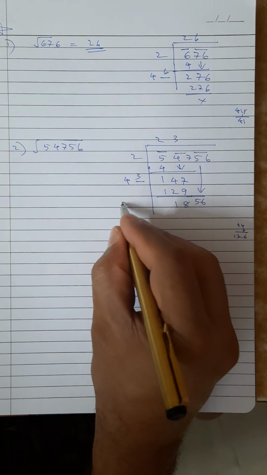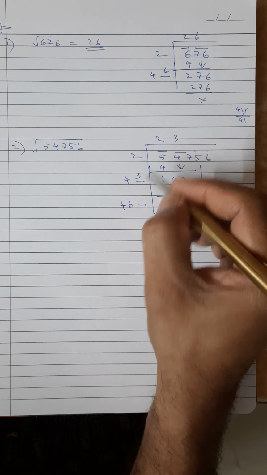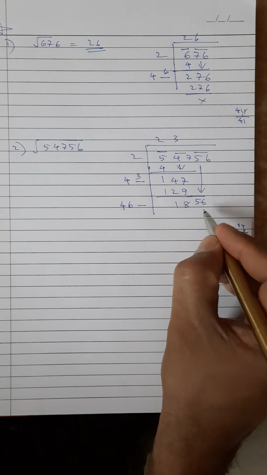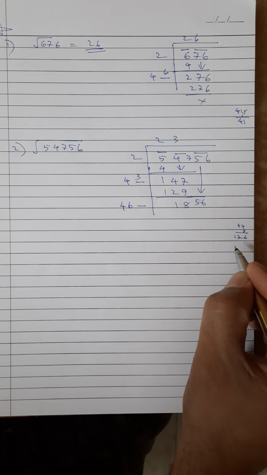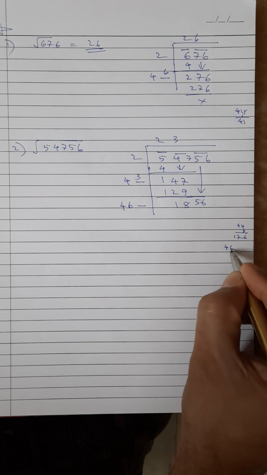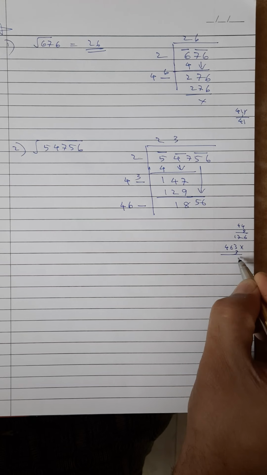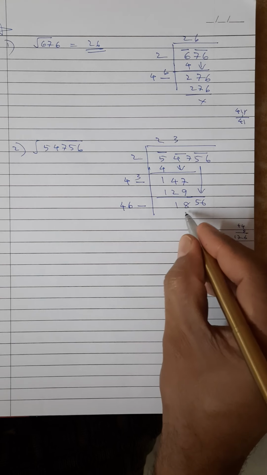Double of 23, 46. Every stage we will write double. First double of 2, now double of 23, 46. What to write? 1 means 461 into 1, 2 means 462 into 2, 3 means 463 into 3: 3 3s are 9, 3 6s are 18, 3 4s are 12. That is much bigger.